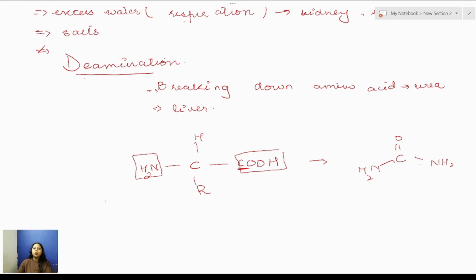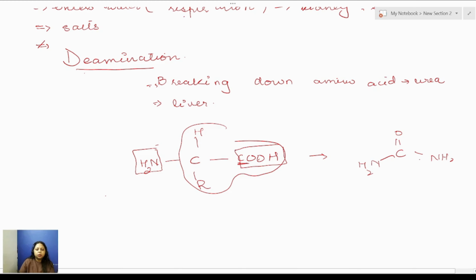So that you know what actually happened. So we are not talking in detail about this one, but basically the amino group of the amino acid is removed, and this is known as deamination. Whenever there is the word 'de', it means removal.